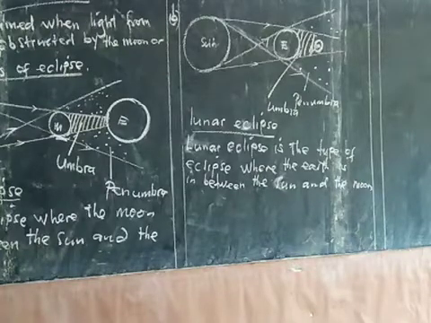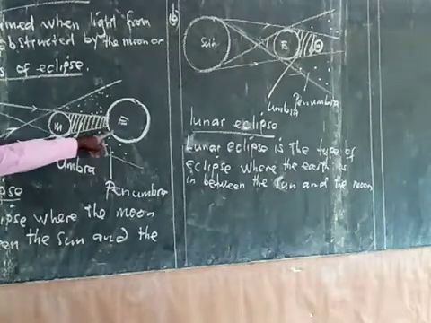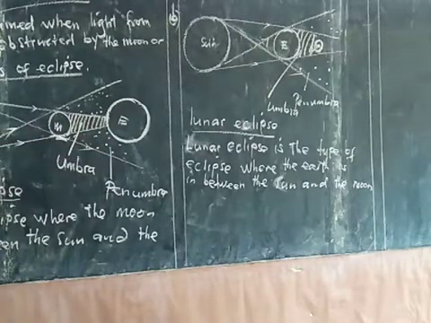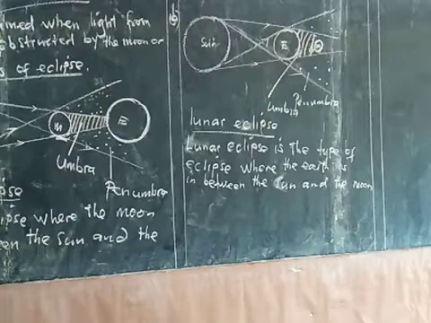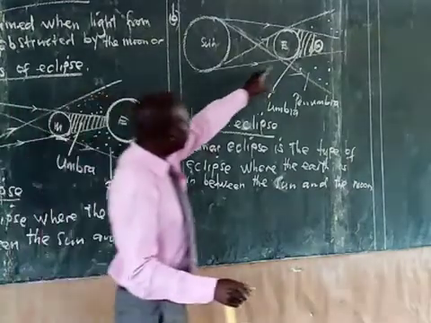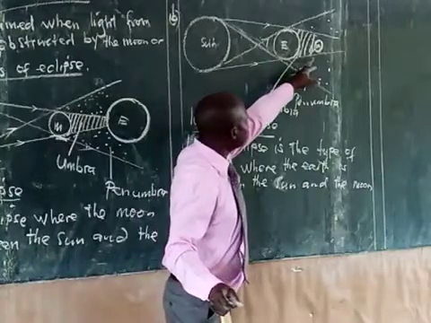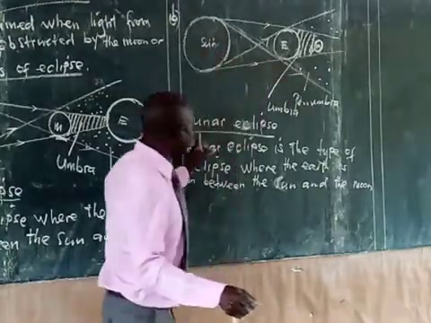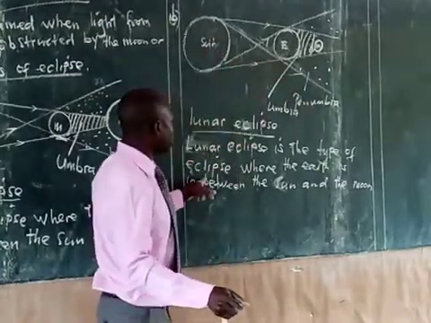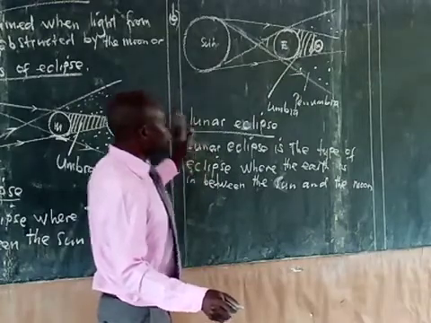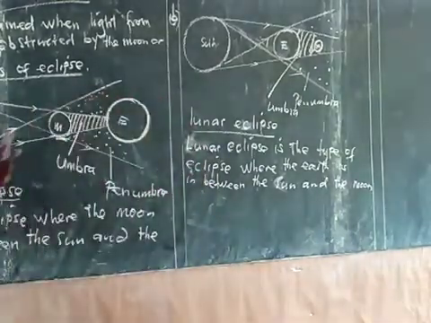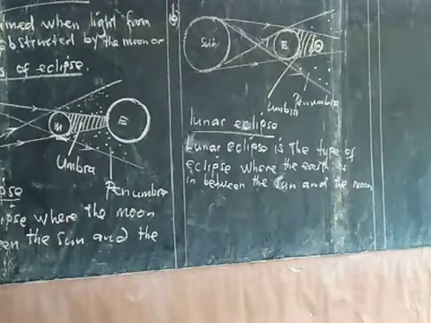The first type is the solar eclipse, where the moon is in between the earth and the sun. Then we have got another one where the earth is between the moon and the sun, and that is the lunar eclipse. Are we together? So that is basically what we wanted to cover this time about eclipse.